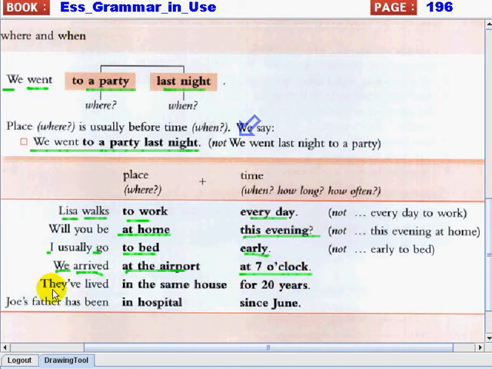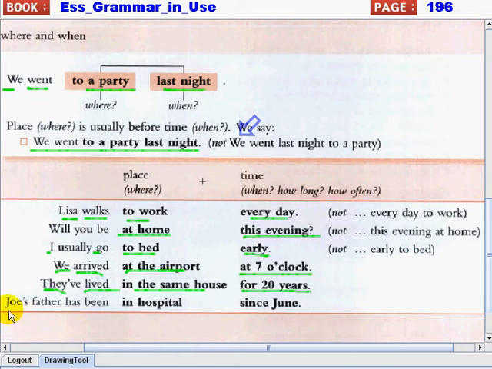Next, they've lived in the same house for 20 years. They lived in the same house is the place, for 20 years is the time they spent there. Okay? The span of time when they lived there.